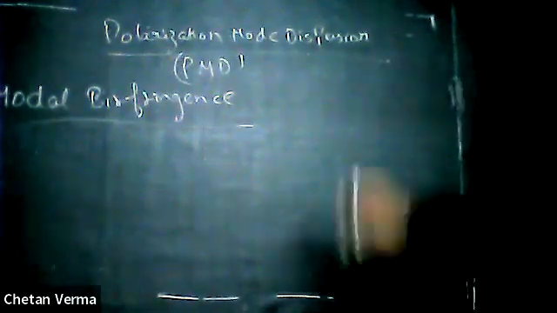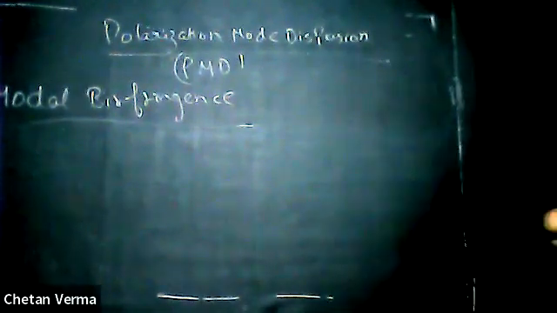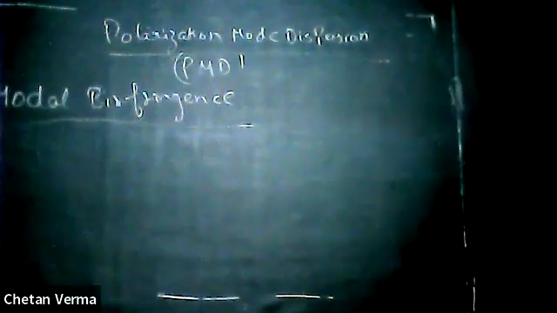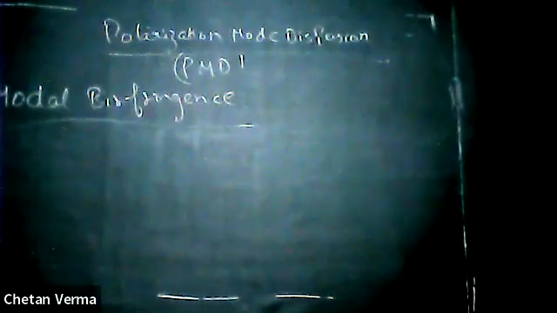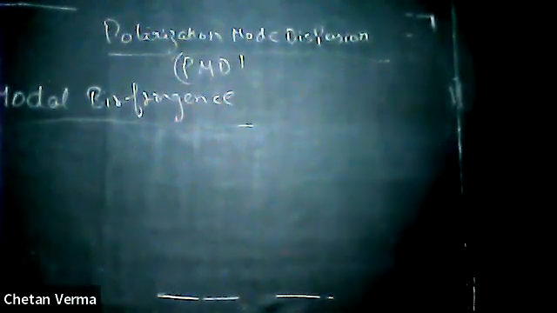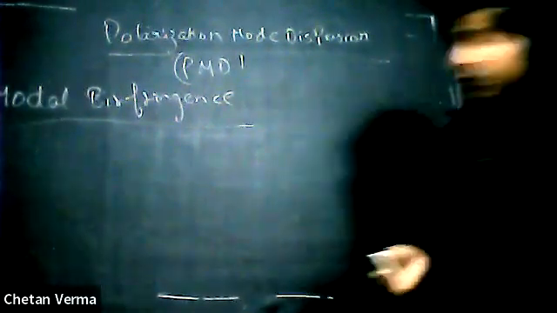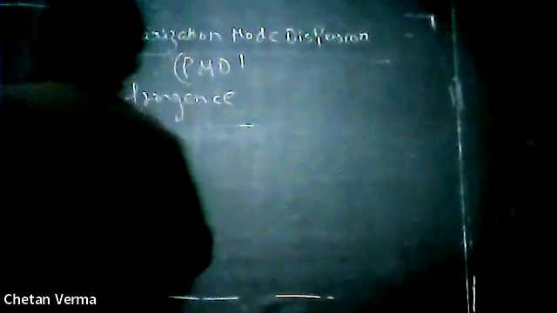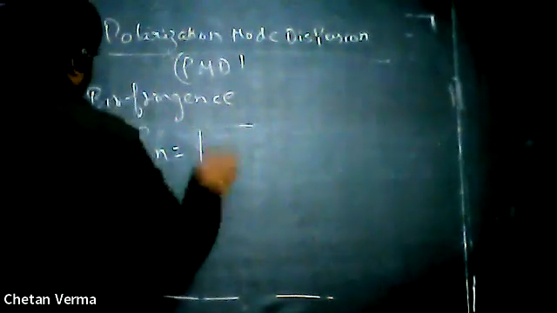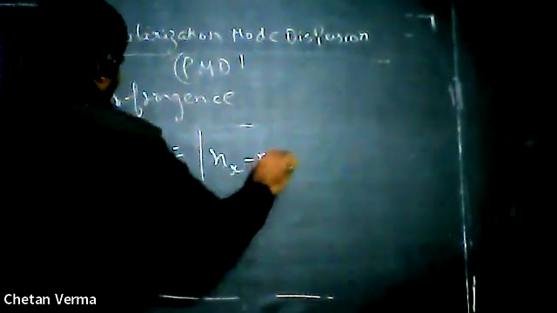So what is the definition of modal birefringence? It represents the actual difference between the mode indices of two orthogonally linearly polarized components in a single mode fiber, and mathematically it is known as delta n, that is nx minus ny.